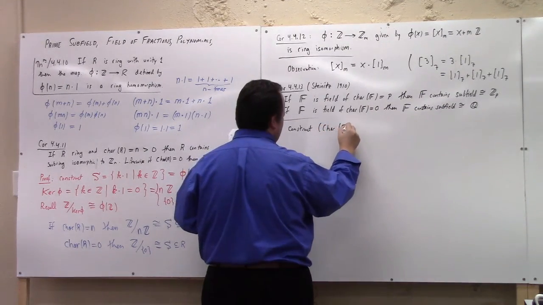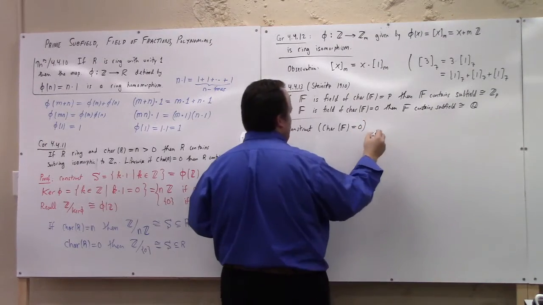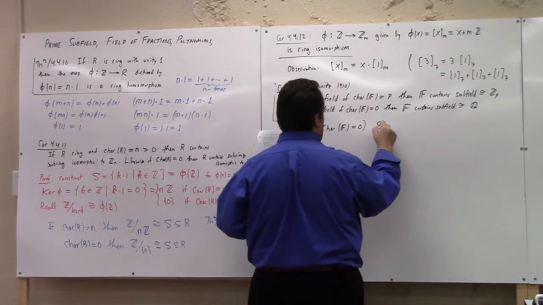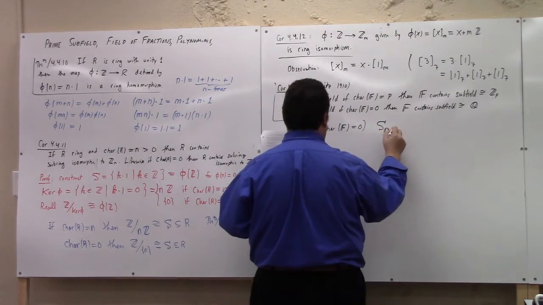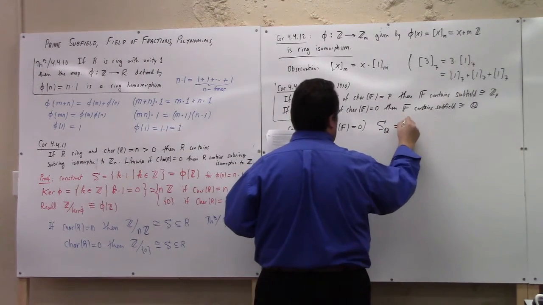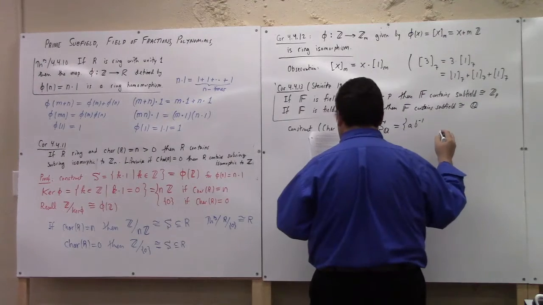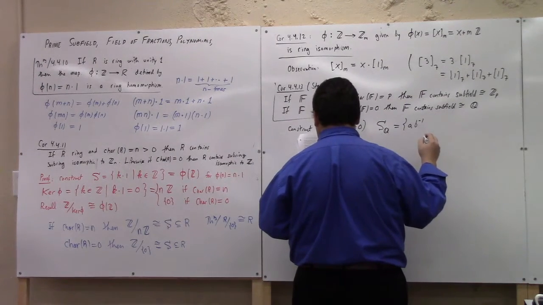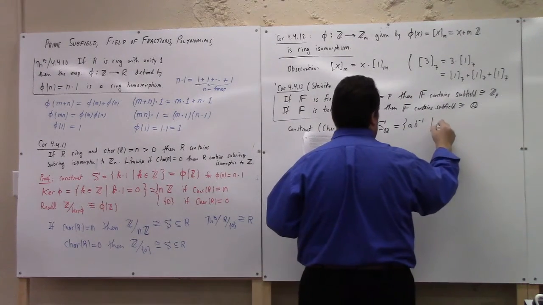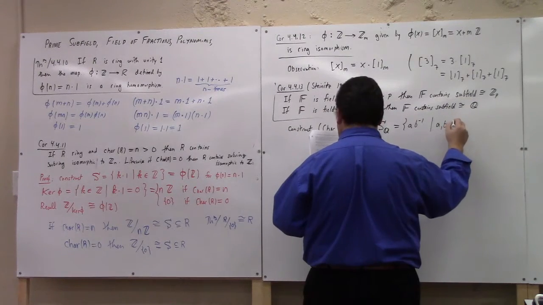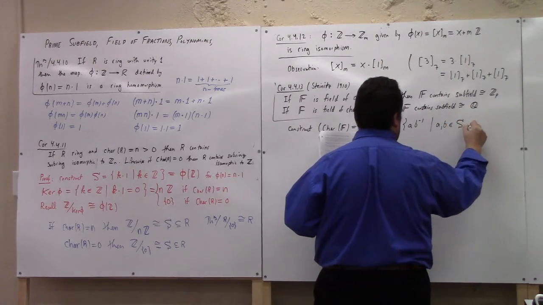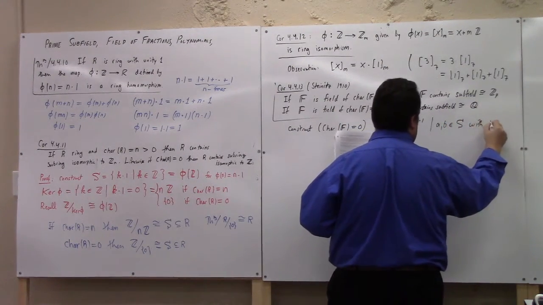Let's say S sub q is a times b inverse such that a and b are in S with b not equal to 0.